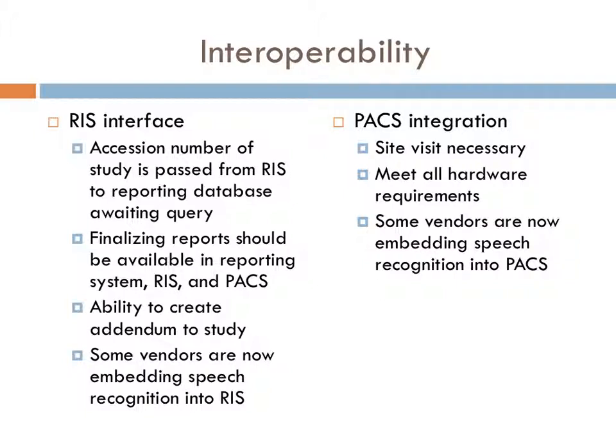Wherever reports are signed, the text should be transmitted back to the RIS and distributed to other systems as well. The radiologist should have the ability to create an addendum, and it should be available within each system with text transmitted back to the RIS for archive and distribution. Some vendors are now embedding speech recognition into the RIS.